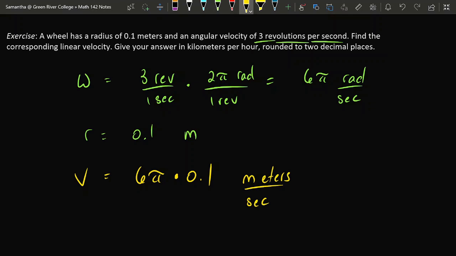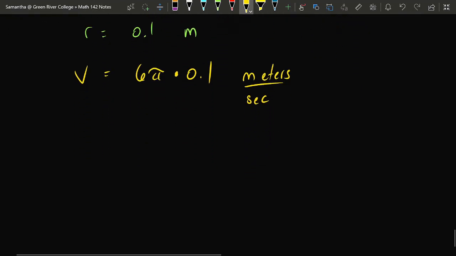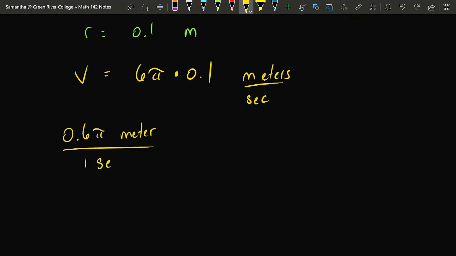And they want their answer in kilometers per hour. So although this is numerically equal to the correct answer, this is not yet in the correct units. So let's take this 0.6 pi, which is in the units of meters per second, and let's convert it to the units of kilometers per hour.